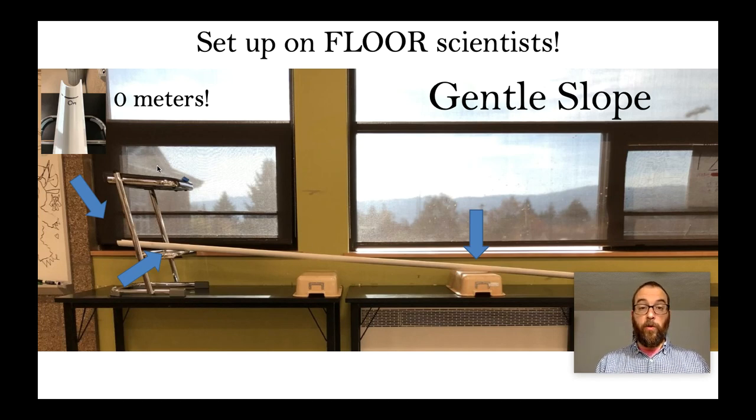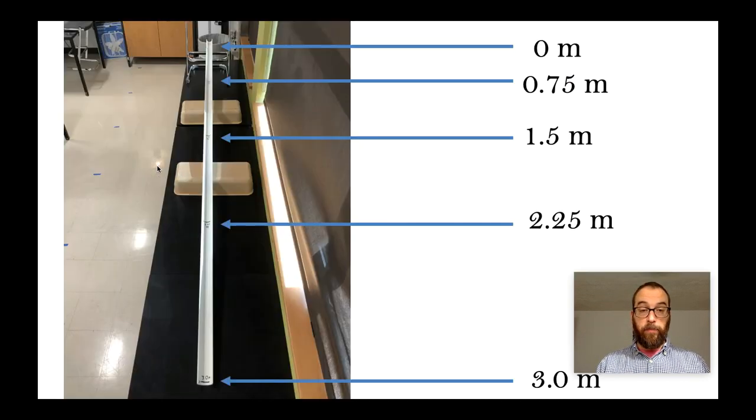Okay? So when you're ready to collect data, you got your ramp set up, you want to look at the ramp and note that there are distances marked on the ramp. Okay? This is a top-down view. You can see it's marks at 0 meters, 0.75 meters, 1.5 meters, 2.25 meters, and 3 meters. Okay? We're going to measure the time it takes the ball bearing to roll from 0 to each of these different distances.